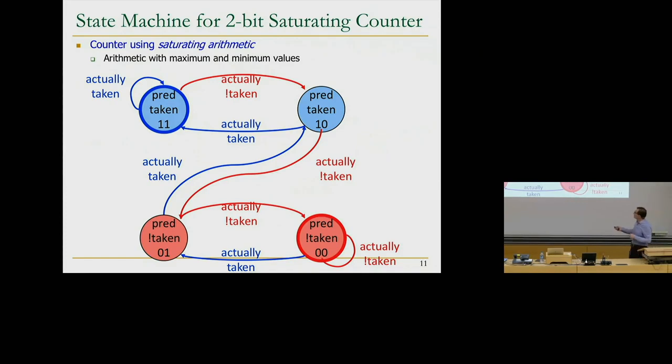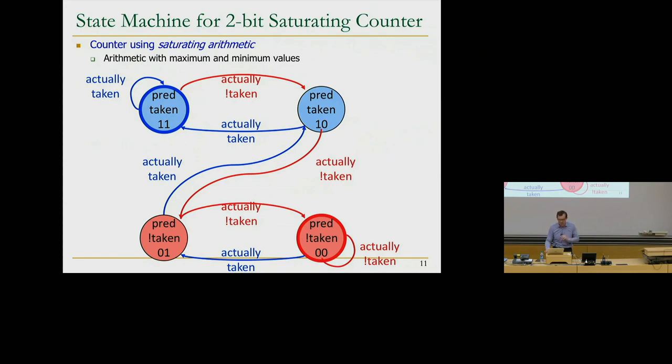What it will take you to change your mind is to see 2 different outcomes that are actually taken, right? So only by going through these 2 outcomes, you go into a predicted taken state. So you don't change your mind quickly between 2 states. That's the idea. Only at this point you change your mind, so you're at the boundary still. Maybe there are some other solutions to that. But we've solved the problem of changing your mind with a single opposing outcome.